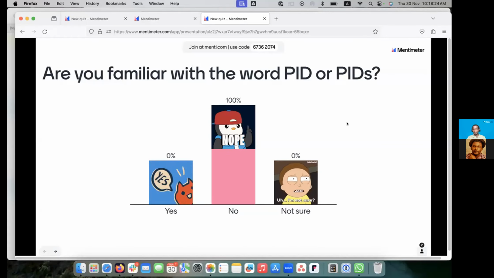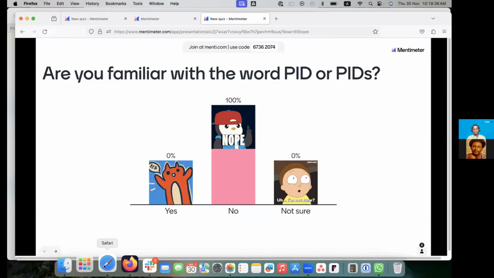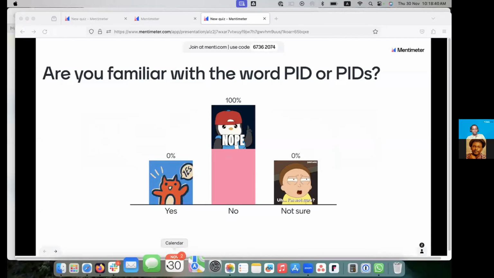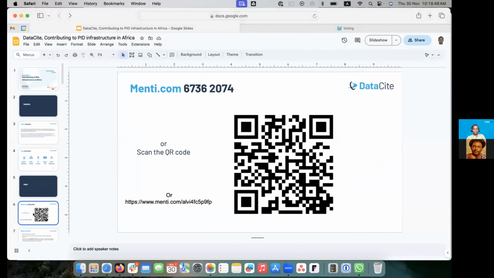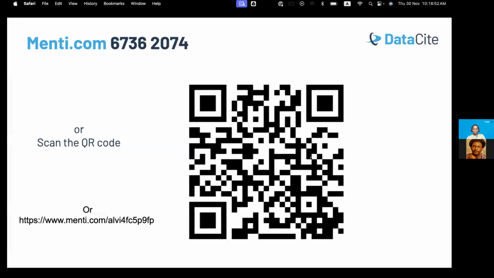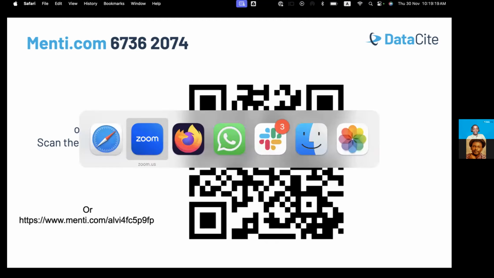Okay. So everybody is saying no, no, no. So go to menti.com. When you are there, type in this number, 67362074. So let's check our results.